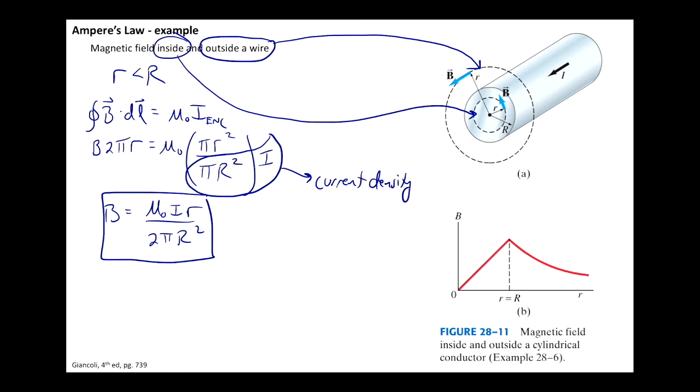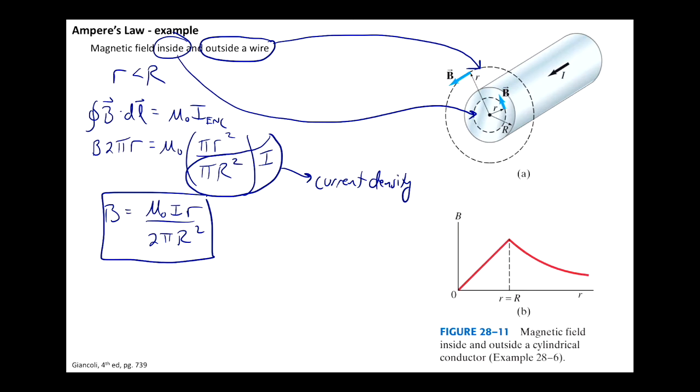Notice the graph. There is a peak in the magnetic field where the radius that I'm looking at is equal to the radius of the entire thing. In other words, I'm right at the surface of the wire where I'm including all of the current, so all of it is contributing to the magnetic field.